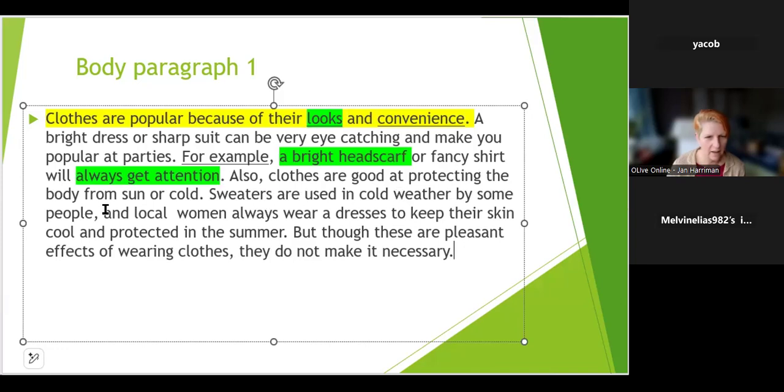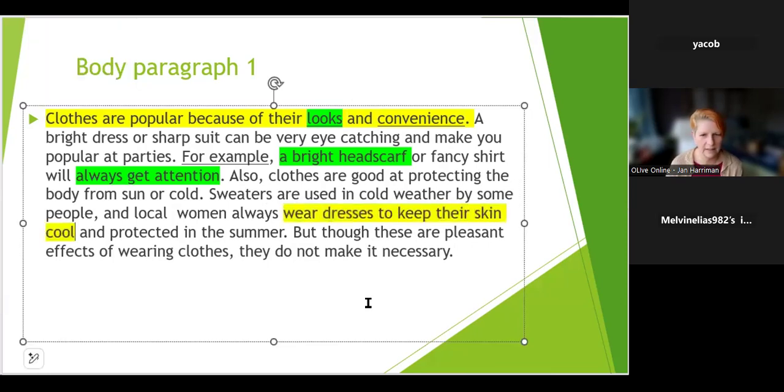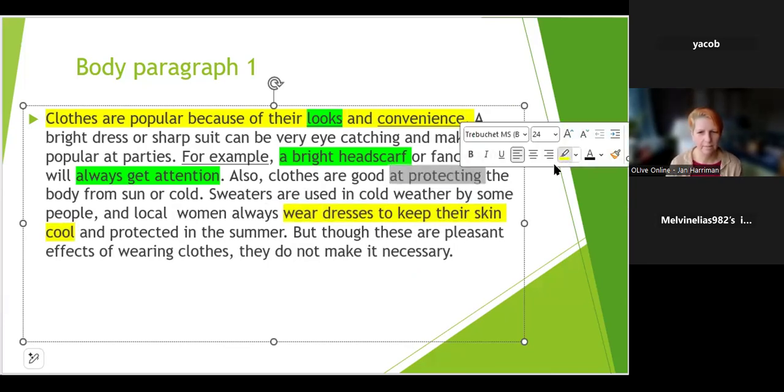Oh, grammatical error, sorry: wear dresses to keep skin cool. We'll do that in yellow. That's convenience: clothes are good at protecting the body.